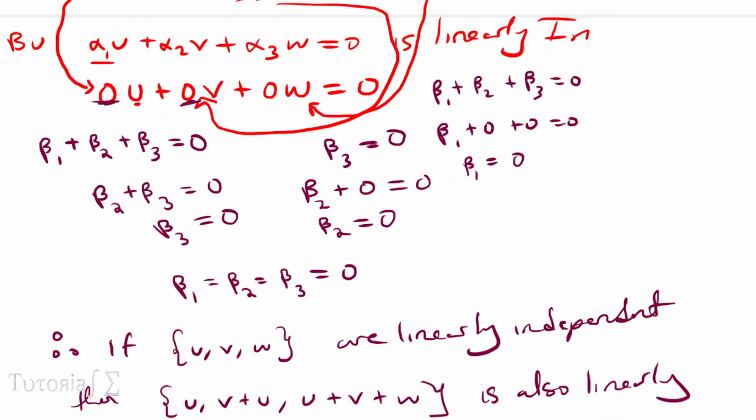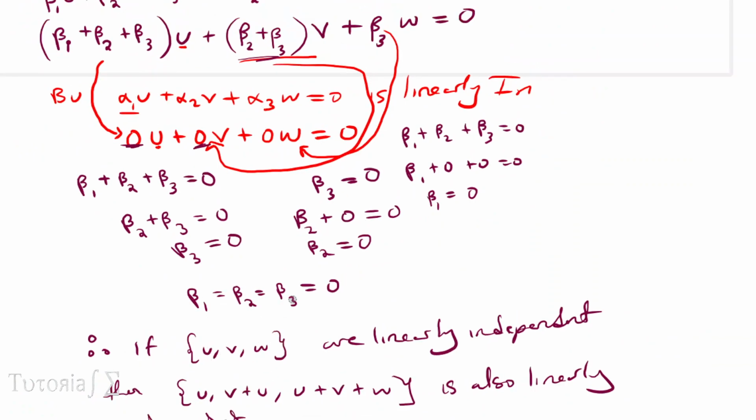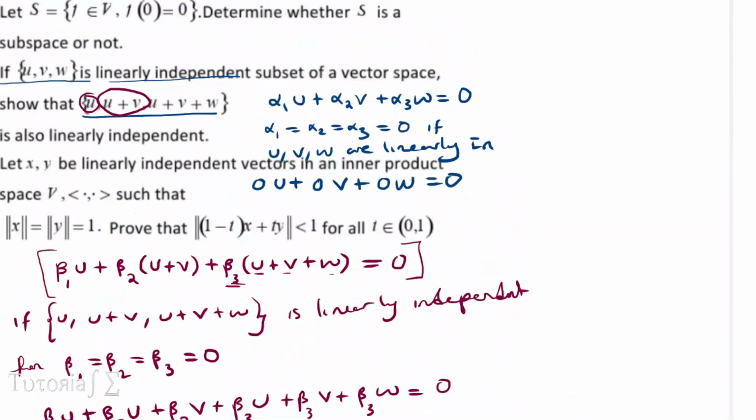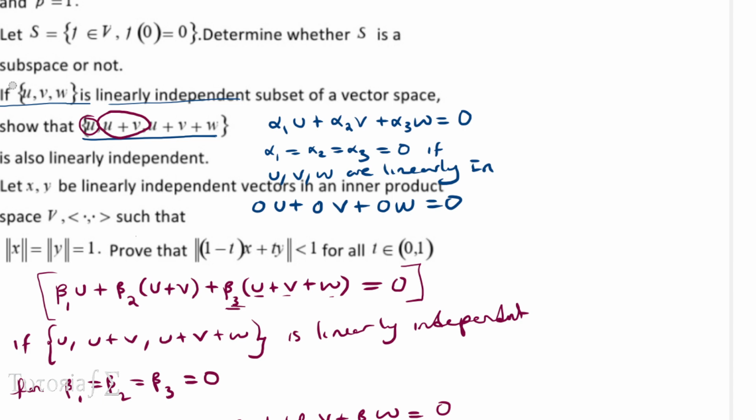Okay, and just to run you through the idea: if u, v and w are linearly independent, it just means that when you write the linear combination of u, v and w, you're going to get alphas that are equal to 0, so the coefficients of u, v and w are 0. Now we come to this.